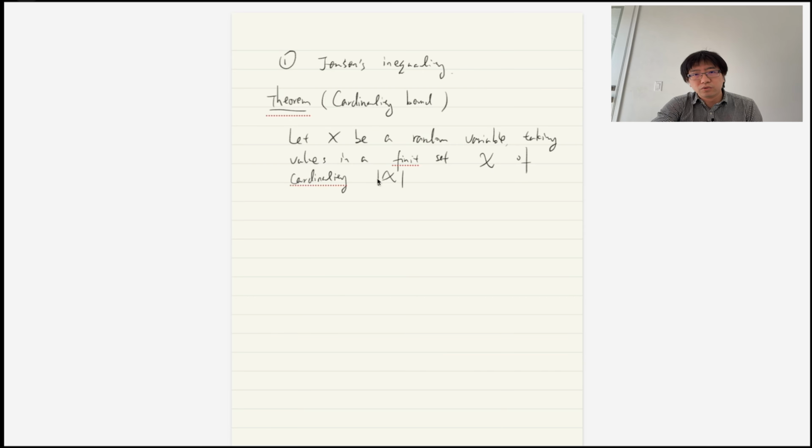Here we use this absolute value notation to indicate the cardinality of a set. Then we can show that the upper bound of the entropy of X is given by this. That's the cardinality bound.